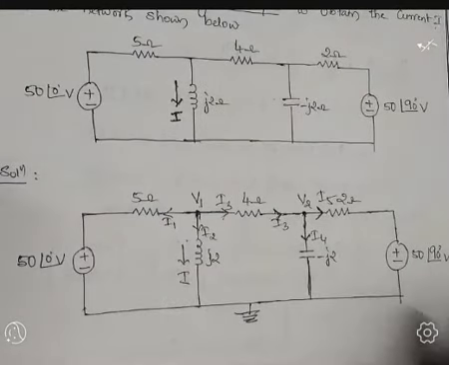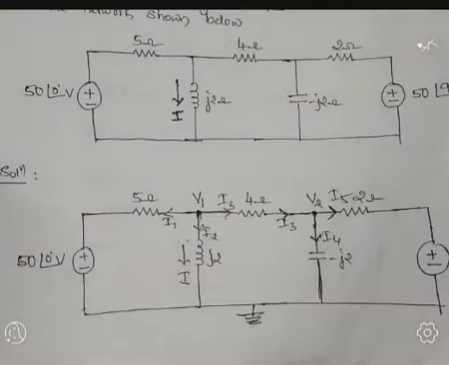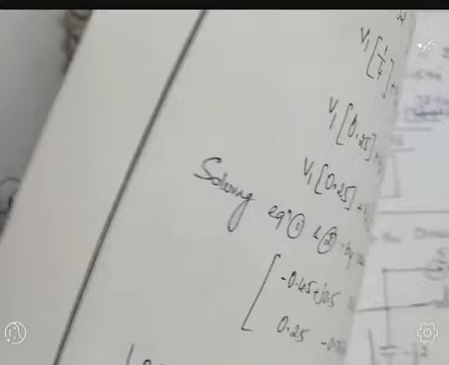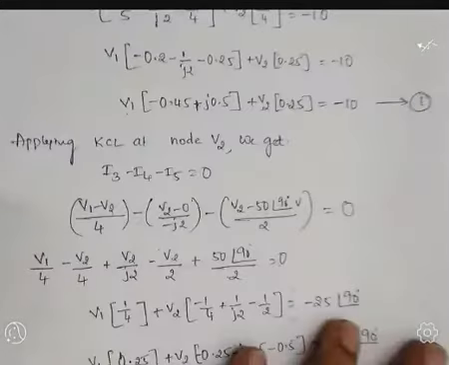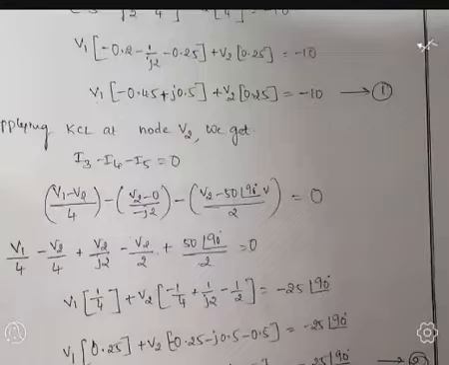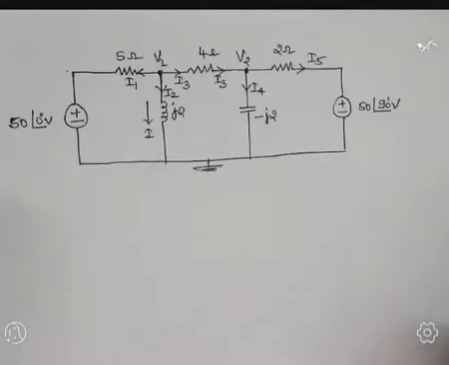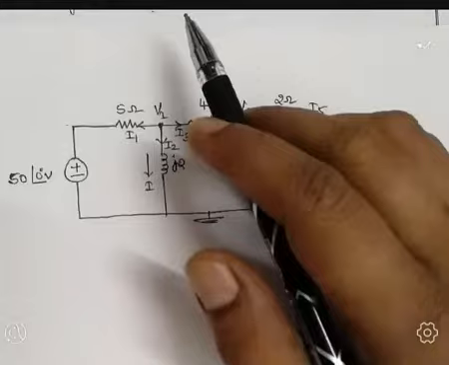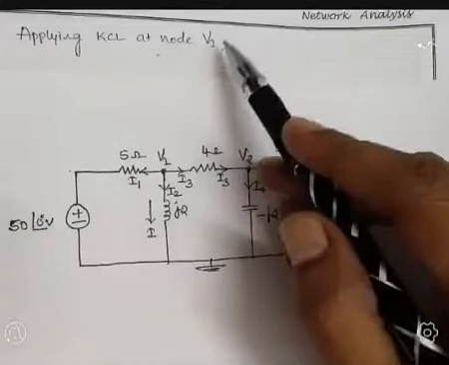Next step is applying KCL for these two nodes. First, apply the KCL at node V1.